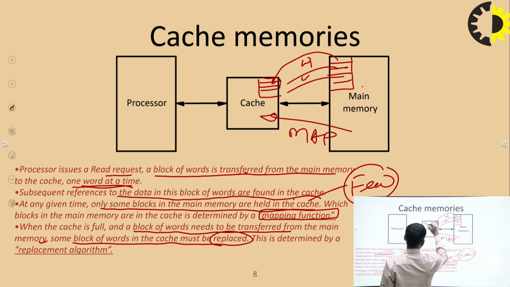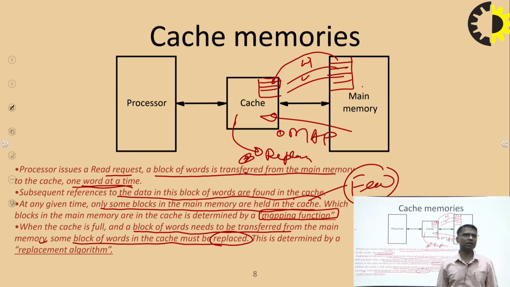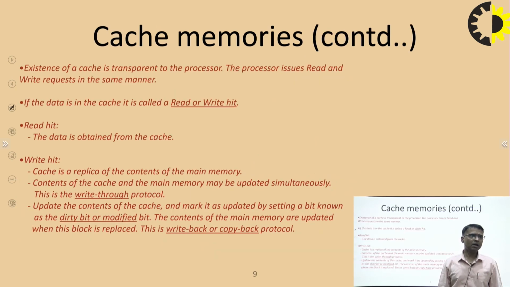And when we remove, the replacement algorithm should be designed. So two things are required in cache memory: an efficient mapping approach and an efficient replacement algorithm to optimally utilize the cache.